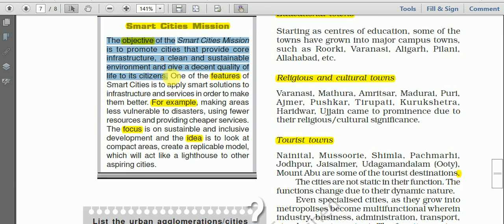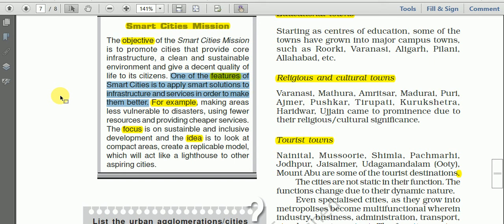One of the features of smart cities is to apply smart solutions to infrastructure and services in order to make them better.